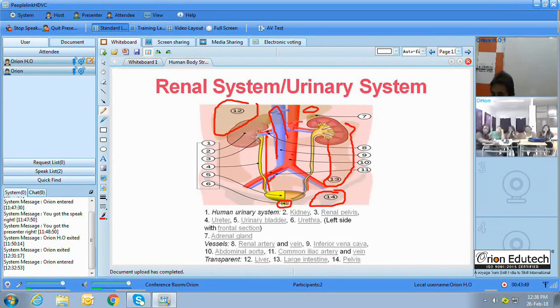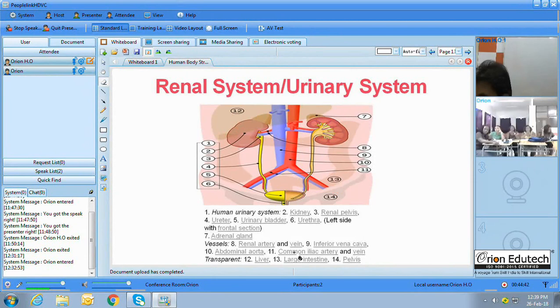It transports from the kidney and runs from the kidney to the bladder, combined with the urinary bladder, and the urethra runs from the bladder to exit the body. This is the urinary bladder.